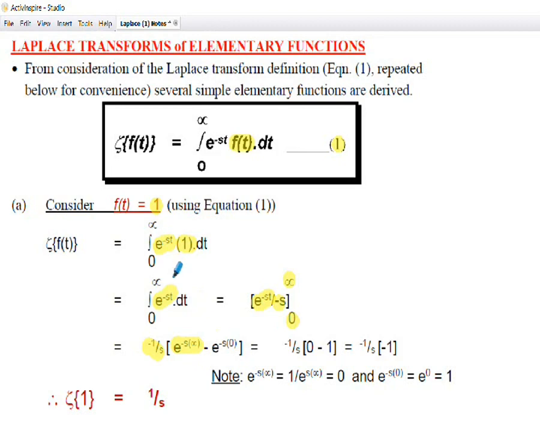In the second limit, when we put in the 0, we've got e to the 0, and anything to the power 0 is going to be 1. So looking at the arithmetic here, we've got minus 1 upon s times minus 1, that will give us 1 upon s. So the Laplace transform of 1 is 1 upon s.